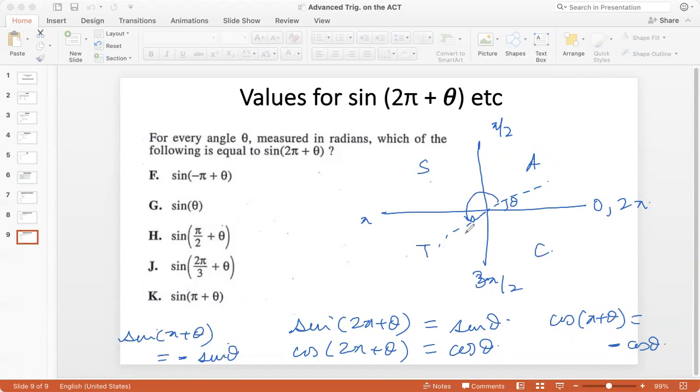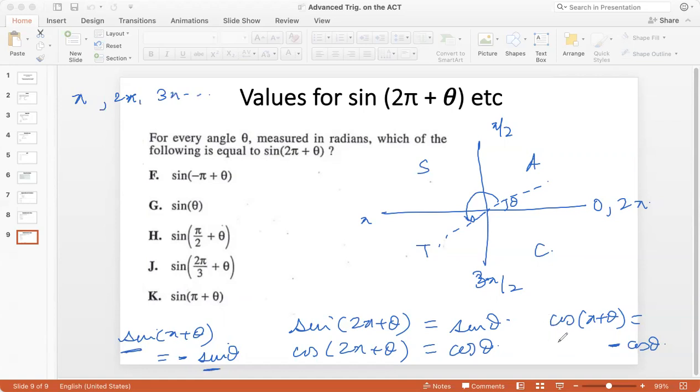So the general idea is that whenever I add to theta a multiple of pi, so pi, 2 pi, 3 pi, I get the same ratio. I get sine when I add it to sine, I get cos when I add it to cos.